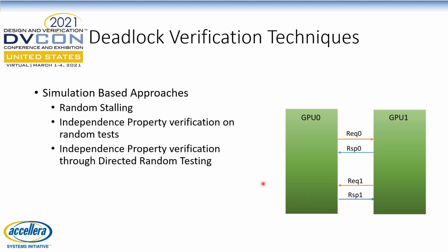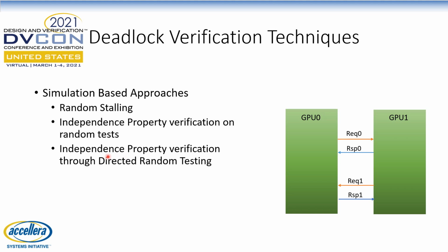To do that, we often write directed tests in which we do this directed sequence of stalling the response 0 interface, sending a lot of traffic on the request 0, and then eventually waiting for all the request 1 and response 1 to drain before releasing the stall on the response 0. And if the request 1 and response 1 don't finish before the stall is released, then we cause the test to fail.